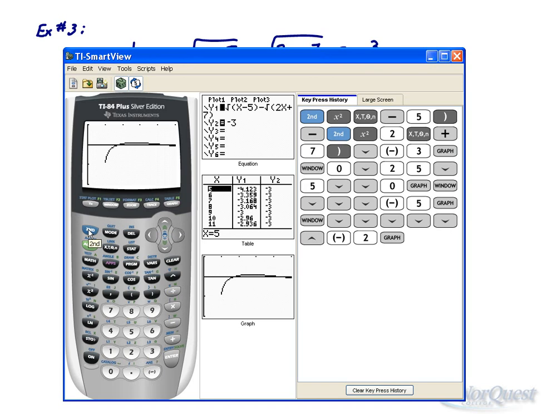You do this a little bit differently. When you find intersection, remember you're not looking for zeros. When you find intersection, it's still the same location. Second function trace to bring up the calculate menu, but choose option 5. This is actually an easier option to use because you don't need to set left and right boundaries.